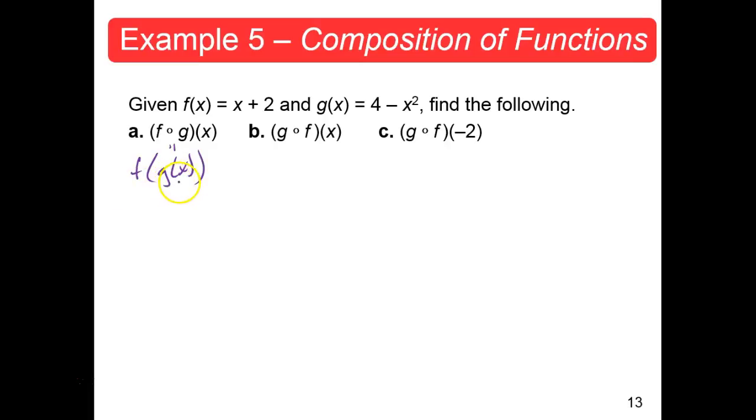You plug in the innermost function. So leave the f on the outside. What was your g of x? 4 minus x squared. Okay? Now we take the f function, and what does the f function do? Takes whatever you put in and adds 2 to it.